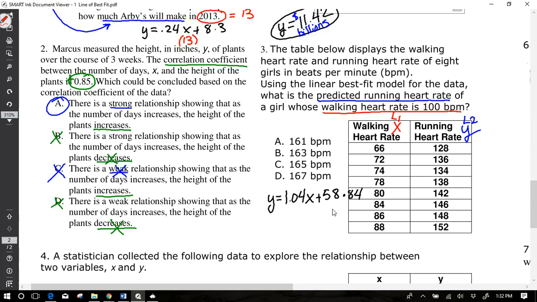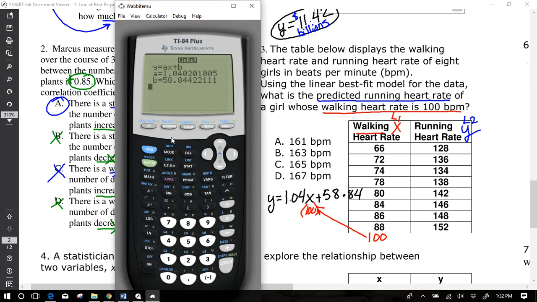Well, if I added that 100 beats per minute to my table, it would go under the X column because that was the walking heart rate column. So in my equation, I will need to plug in the 100 where the X value is. And I'm going to do this in my calculator.